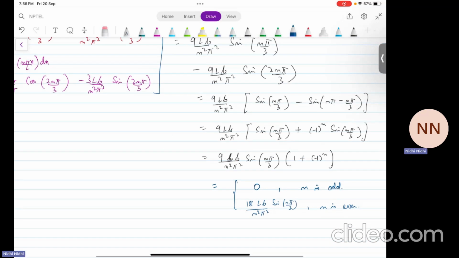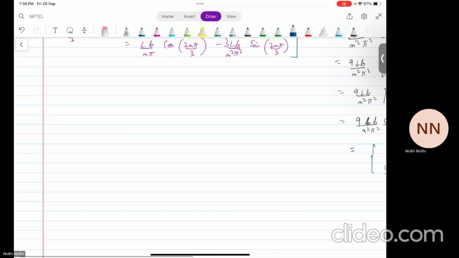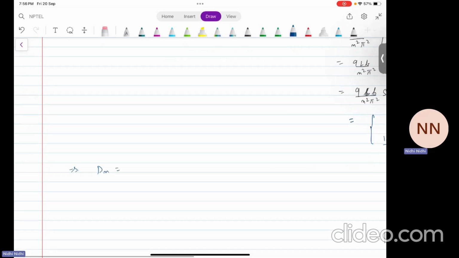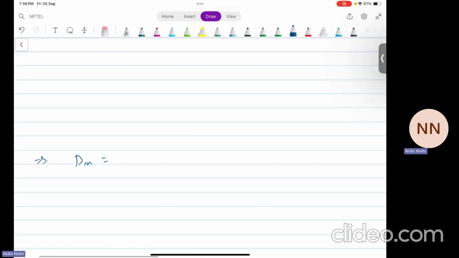So therefore, this gives us d n is 0 for all odd n. This implies u at L by 2 comma t is equal to 0 for every t, irrespective of t. That means the string is at rest at position L by 2.